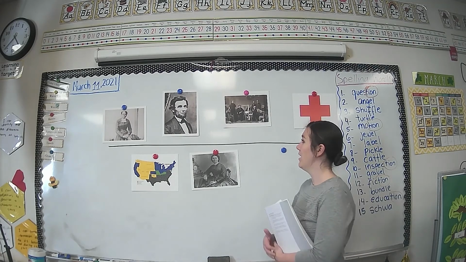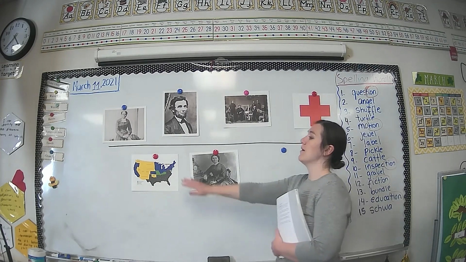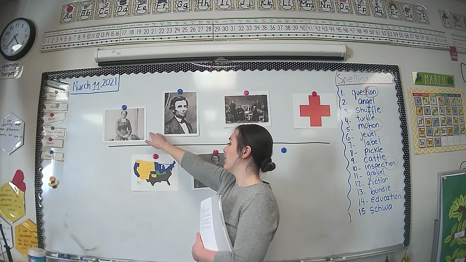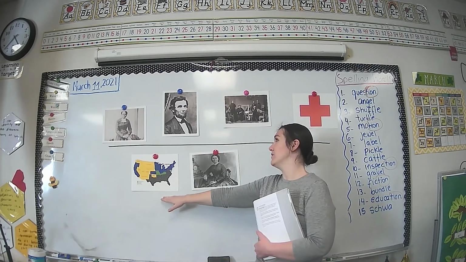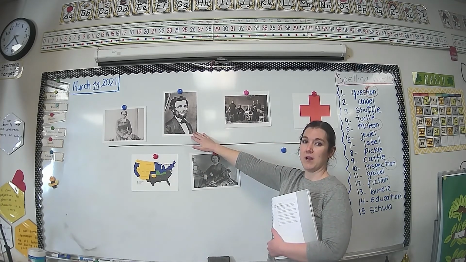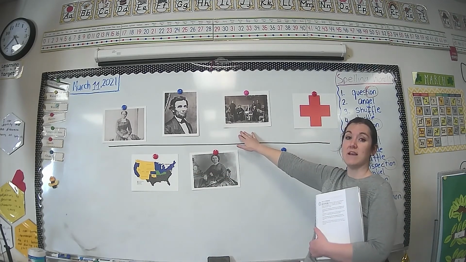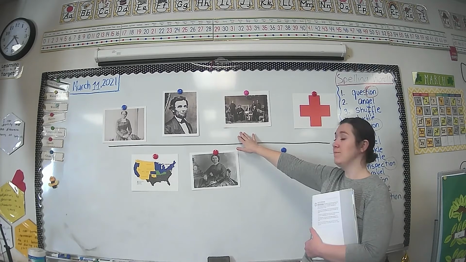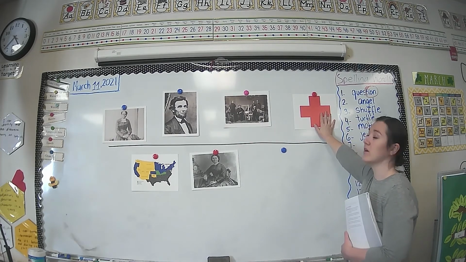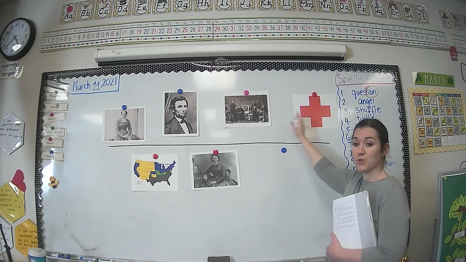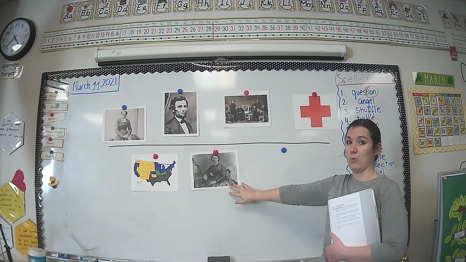All right, my friends, we have got Harriet Tubman. We have got the secession of the Confederacy, the election of Abraham Lincoln, Clara Barton, the signing of the Emancipation Proclamation, and way over here, we've got the Red Cross, which was founded by Clara Barton after the war.